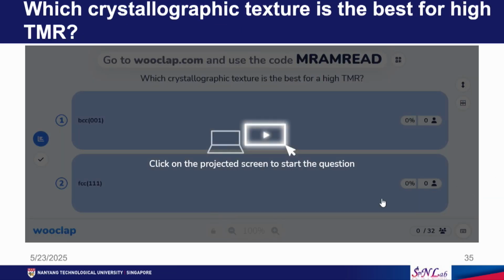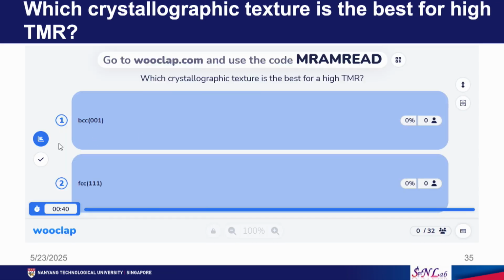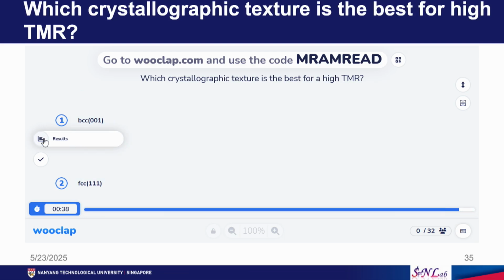Okay, next one. Here you type yes, type yes.